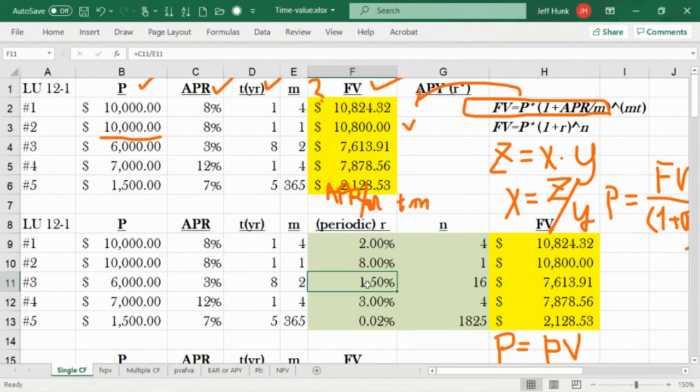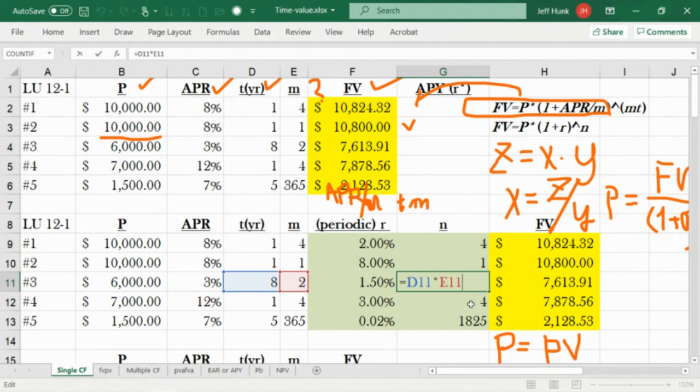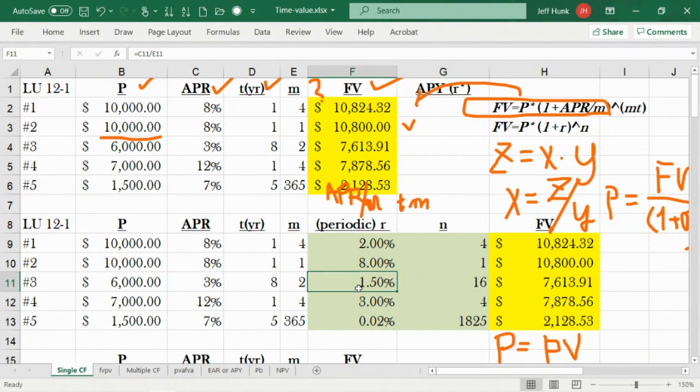In this example, over 8 years, semi-annual, so every 6 months, 1.5% is the periodic rate. And over 8 years, how many compoundings happen? 8 times 2, 16, right?